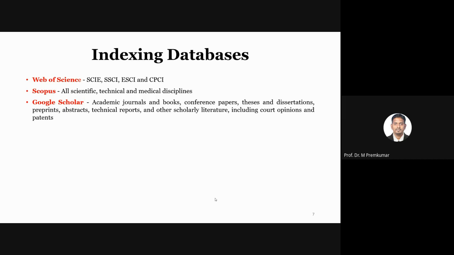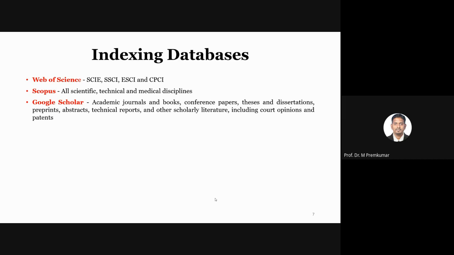Okay, so it may be a research paper, it may be a review paper, or it may be a conference paper, it may be a technical report. All these things can be indexed by the Scopus. Okay, so this complete indexing is maintained by Elsevier. The Web of Science is completely maintained by Clarivate Analytics.